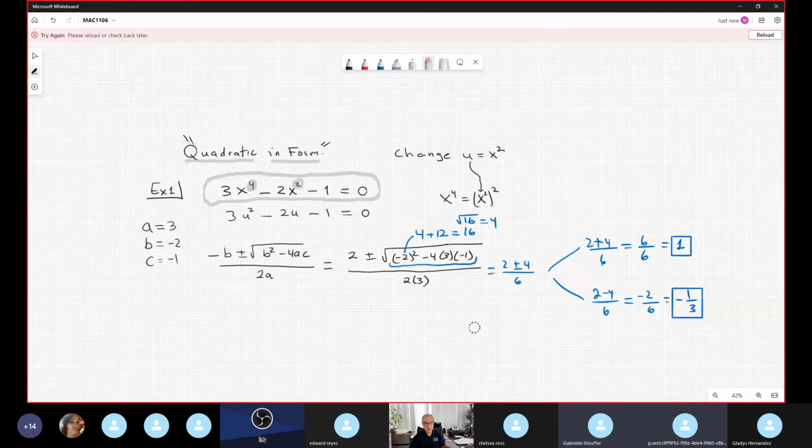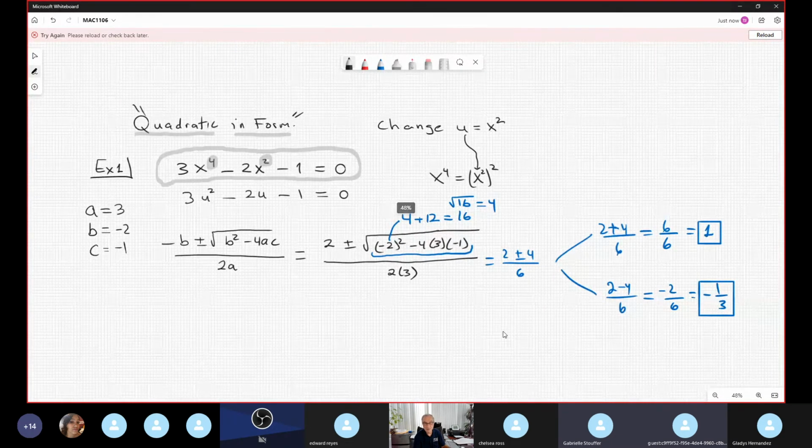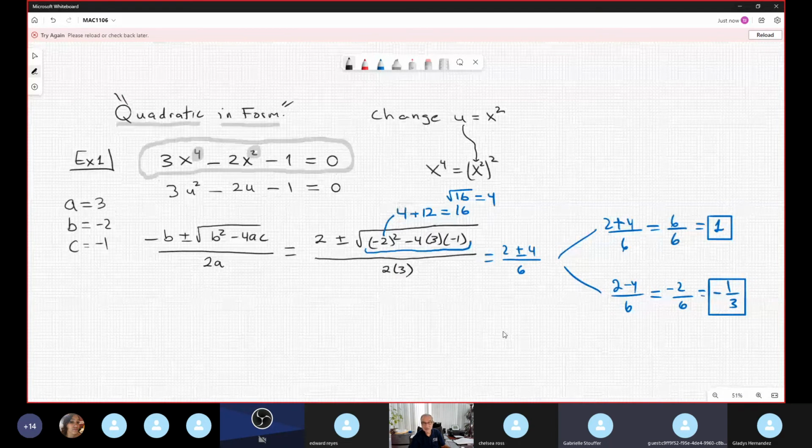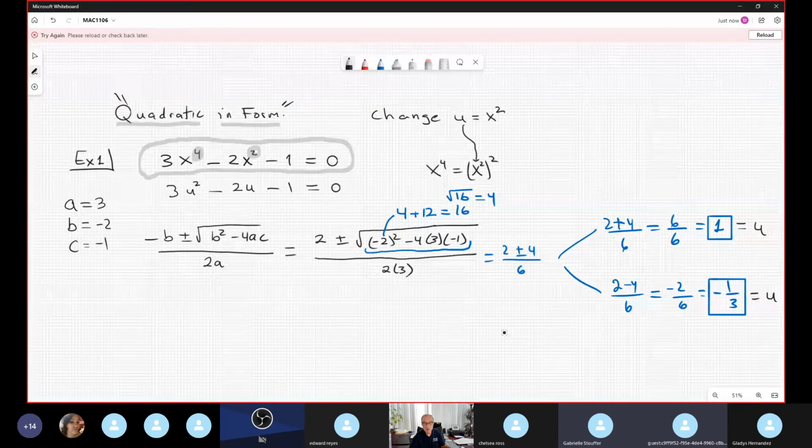Now the new equation, my auxiliary equation, gives me two solutions, that's 1 and -1/3. But this is not the value of x, my original variable. This is the value of u. But almost I finish because I come back to the substitution.